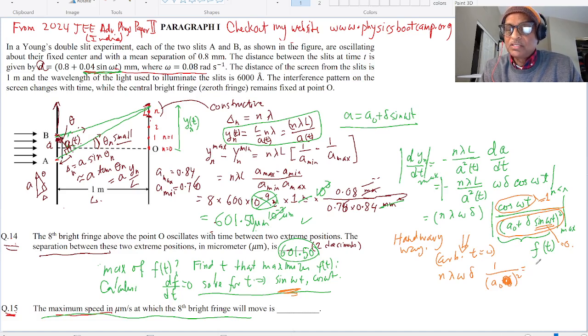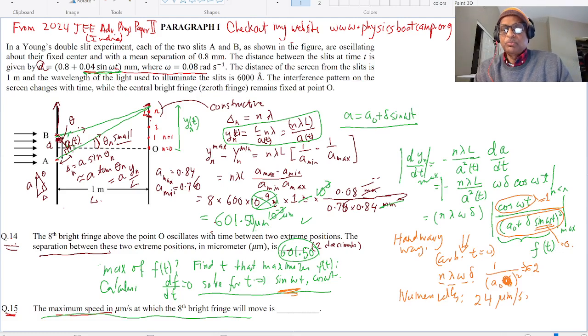And this turns out to be, you have to work out the numerical value for this. So numerically, you're going to have much the same kinds of numerical values, and so I got 24 micrometer per second.